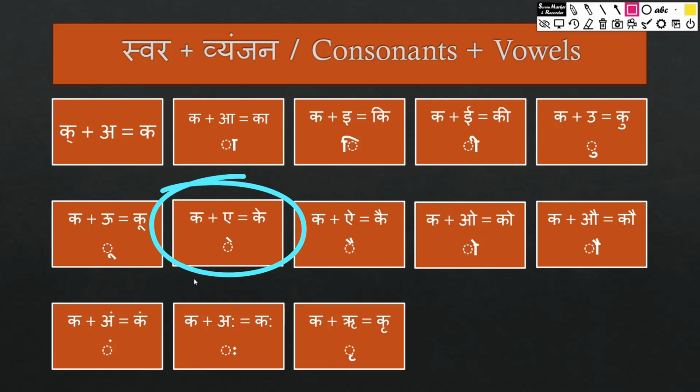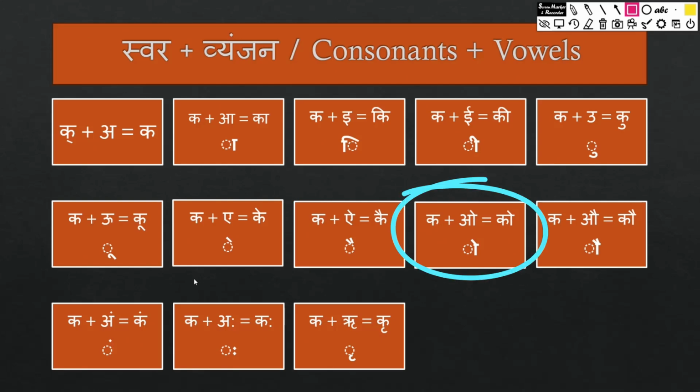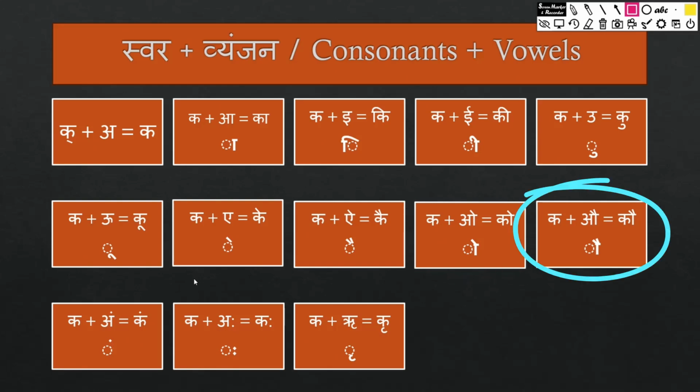Okay, ka plus e, the slanting line on the top. Ka plus ai becomes kai, a double slanting line on the top. Ka plus o becomes ko, one standing line after the consonant and one slanting line on the top. Ka plus au becomes kau, two slanting lines on the top and a standing line after the consonant.